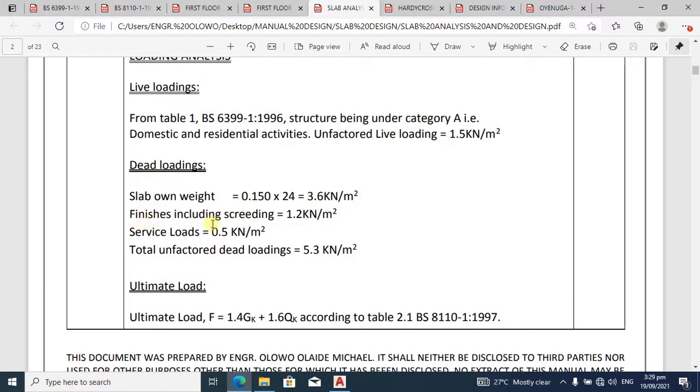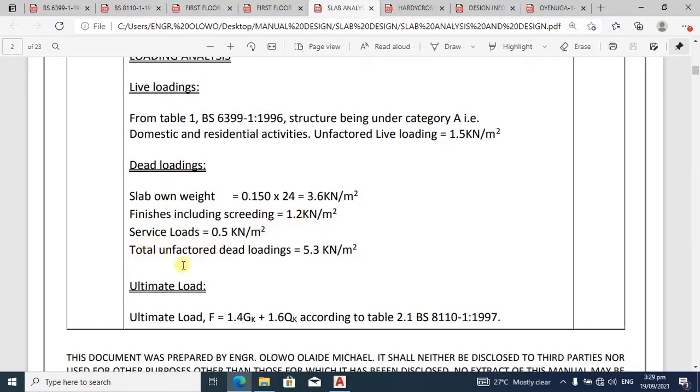When you talk about finishes and screeding on the slab, those are dead loadings. When you talk of tiles on the slab, that is also part of the dead loadings. And remember, we have already assumed a value for the dead loading, which is 1.2 kilonewton per meter square.